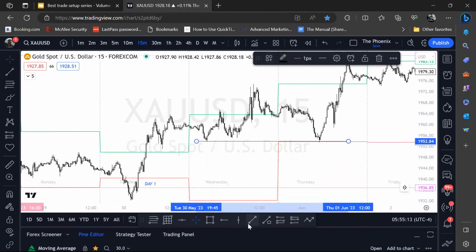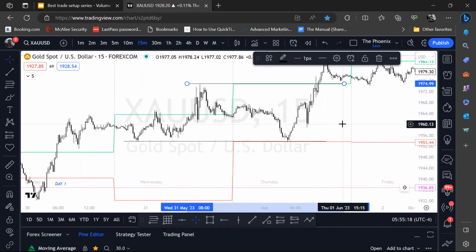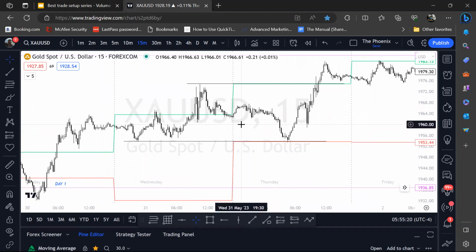We're not sure on day three what will happen. So what we'll have to do is wait for that setup to present itself to see whether or not price is going to continue in the same direction or give a reversal. So in this case, what price did was give us a buy low. It basically tagged the low of the previous day and gave us a continuation trade on this day.